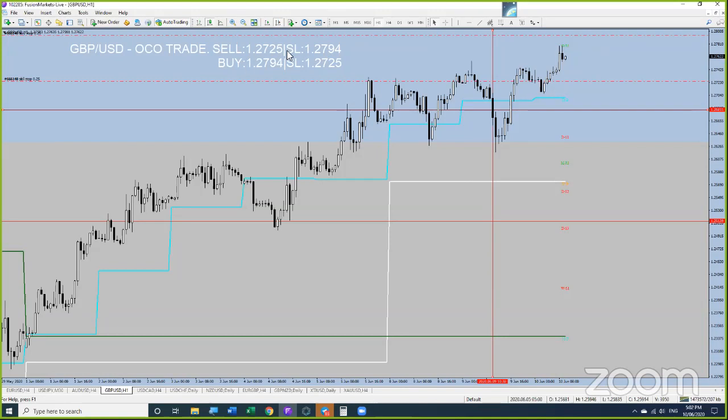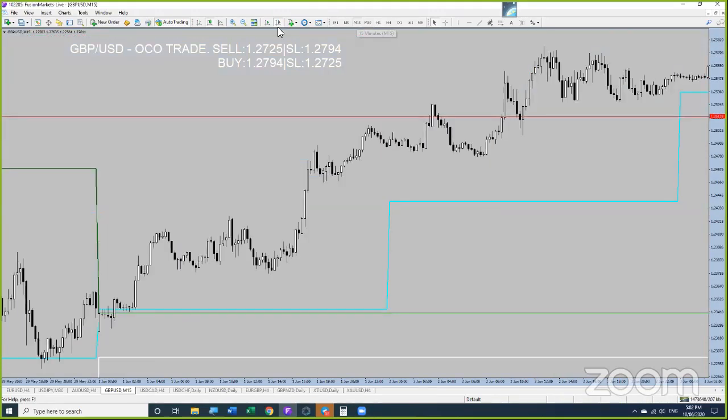So 127.25 is the entry for the sell, and 127.94 is the stop loss for the sell. Once we are triggered into either, we cancel the reverse order, and we then start to trail on a 15-minute chart. Let me briefly explain how that works, and we'll go to yesterday's trade.